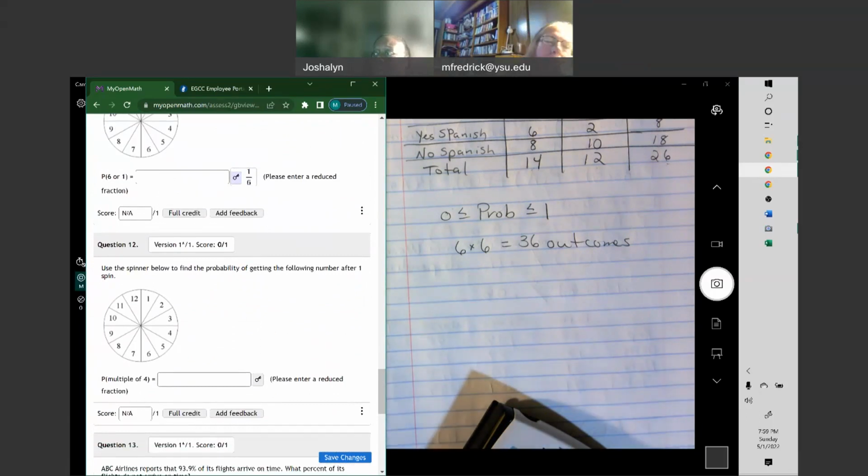A multiple of 4, no, because 4 doesn't divide into 2.